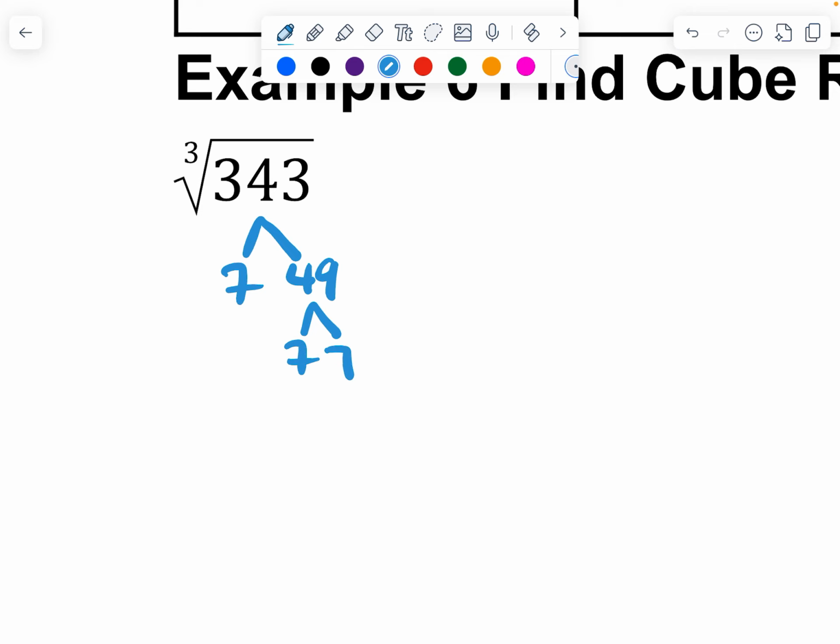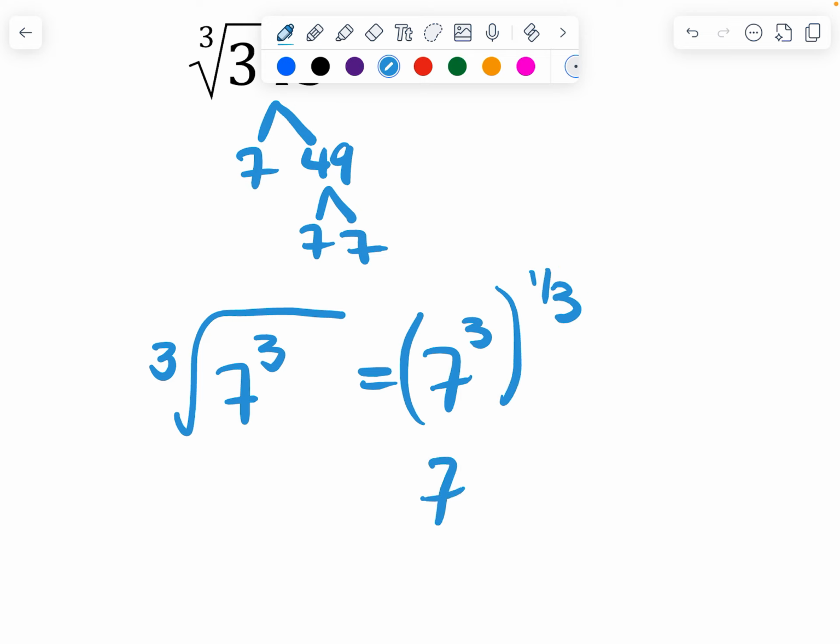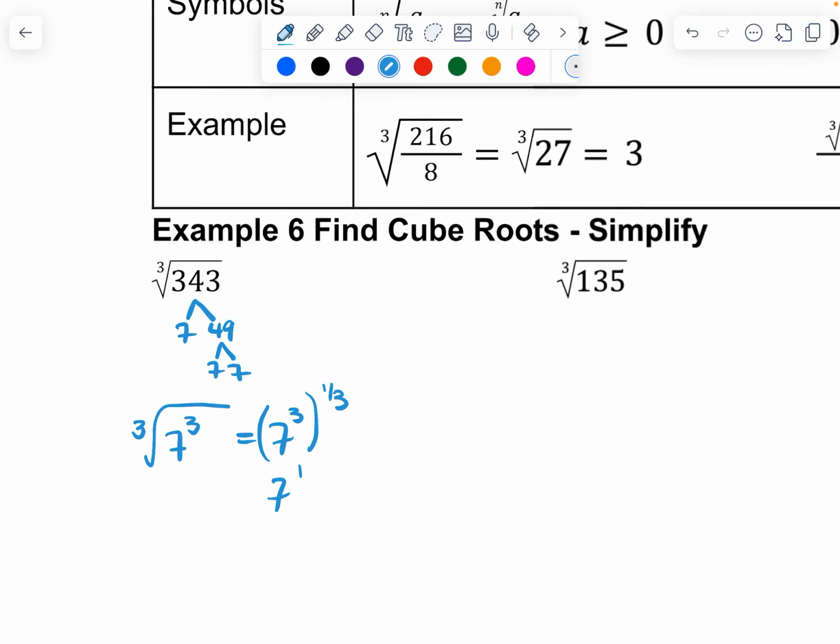So this is 7, 7. So this is the cube root of 7 to the 3rd power. So that's the same thing as 7 to the 3rd power to the 1/3. So remember that gets me 7 to the 1st power, which is just plain old 7.